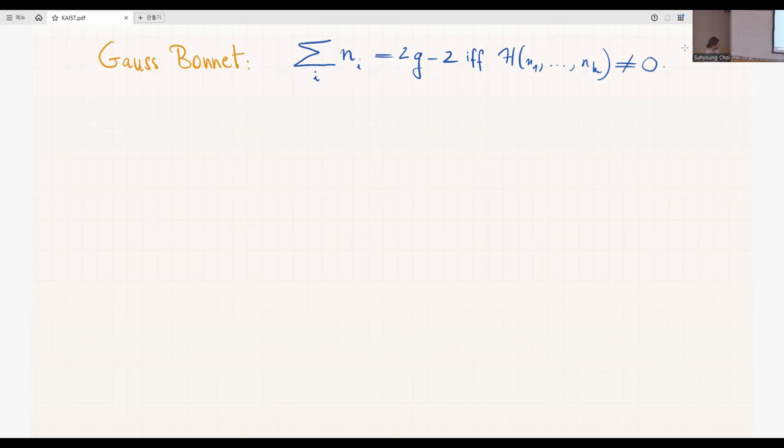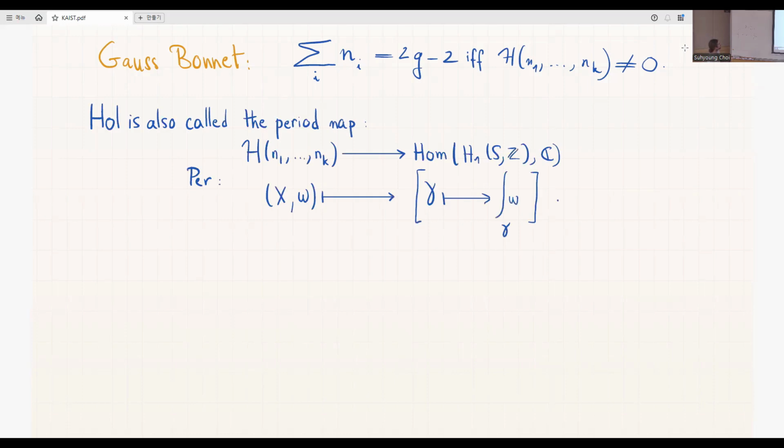The holonomy of translation surfaces has another, more common name in this context: it's called the period map. And the period map has a very nice definition in terms of holomorphic one-forms. It's defined as follows.